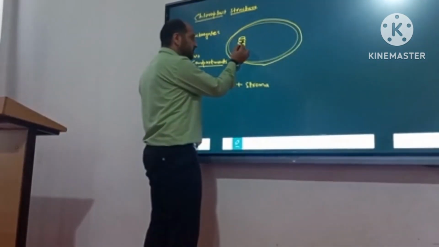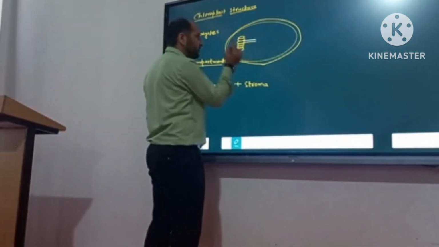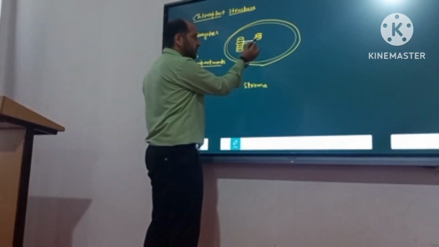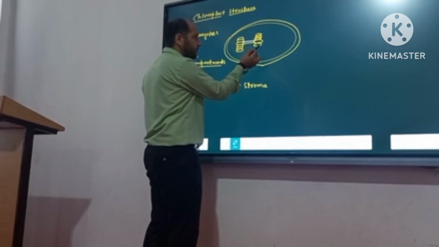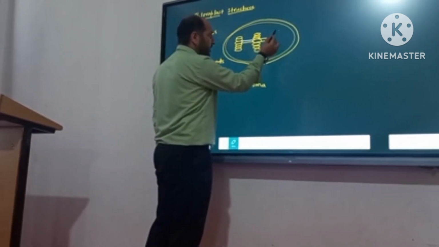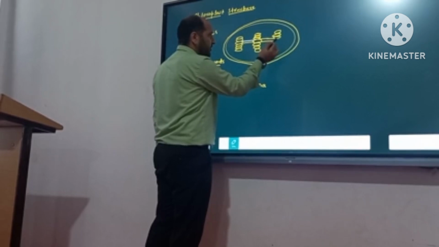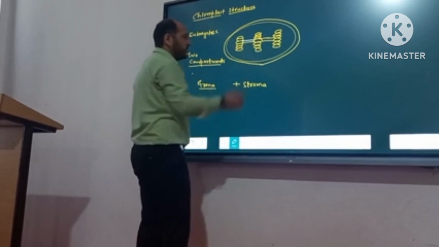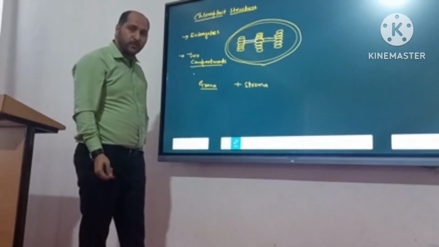And there are some membranous structures which connect these disc-like structures together. These disc-like structures are thylakoids, and they are connected together by stromal lamellae.